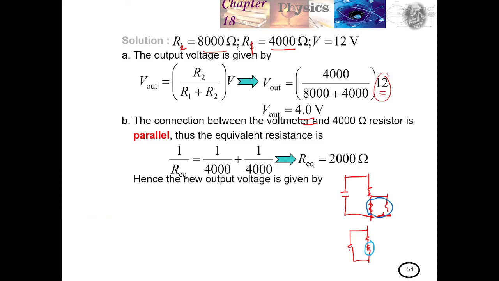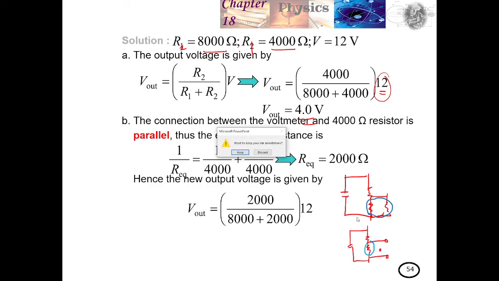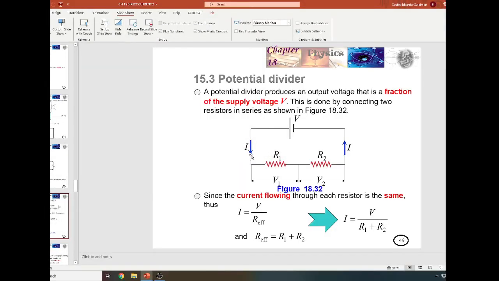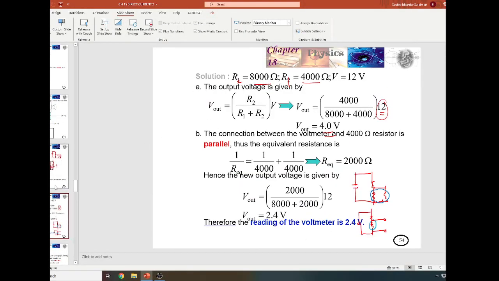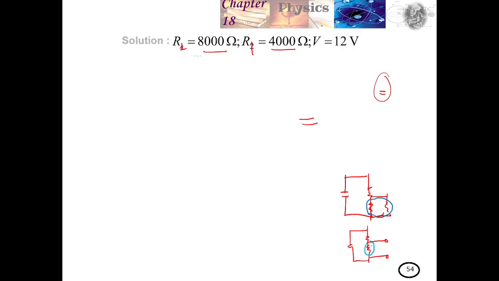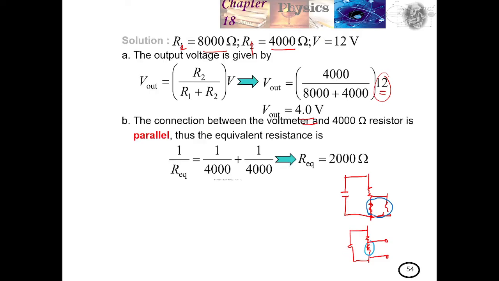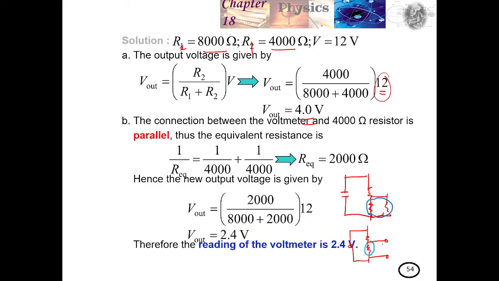Hence the new output voltage, how much is coming out from here, is given by V out equals 2000 divided by 8000 plus 2000 times 12.